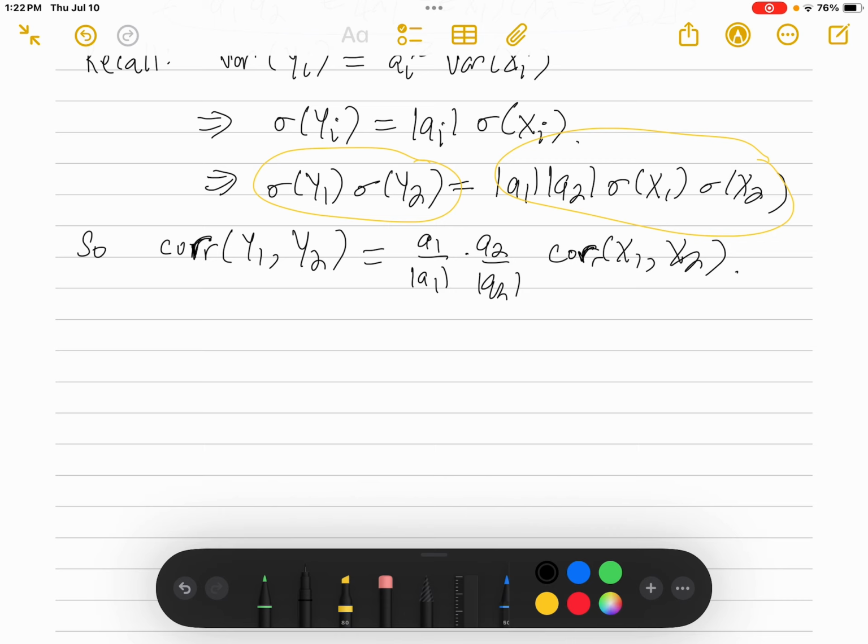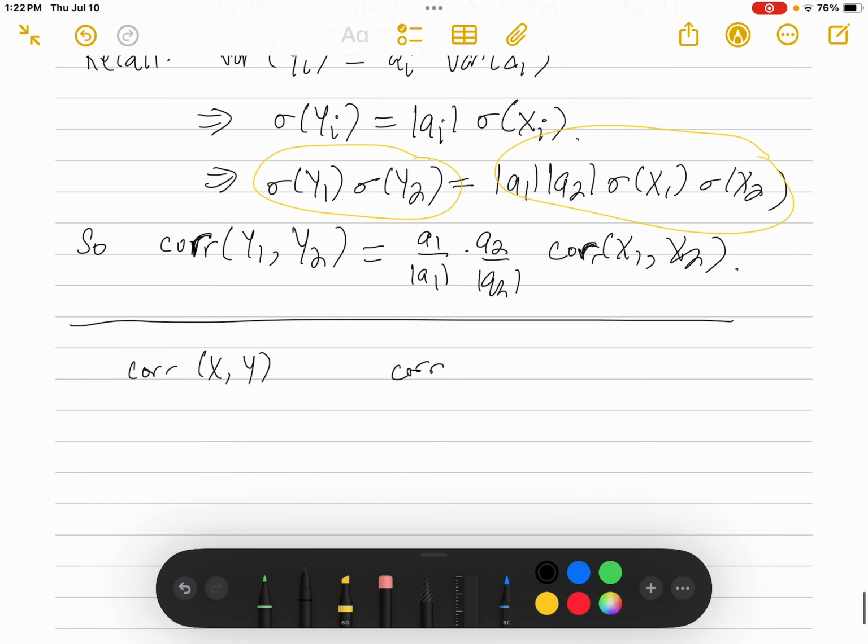So let's look at a consequence of the theorem we proved. What's the connection between the correlation of x and y and the correlation between x and negative y? Here we're taking negative y to be negative 1 times y, so it would be like a1 equals 1 and a2 equals negative 1.